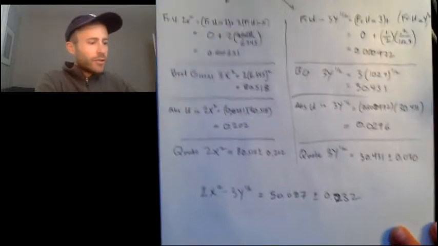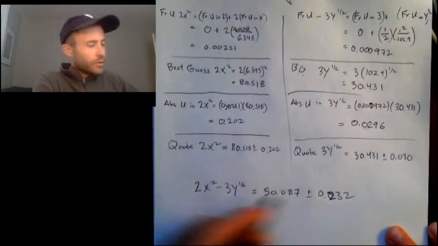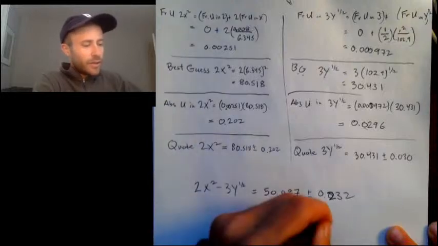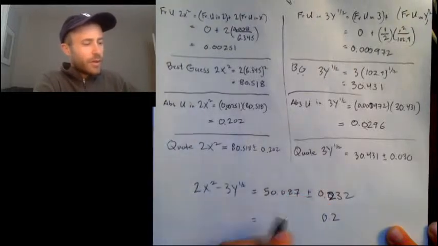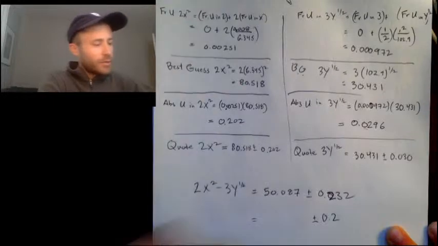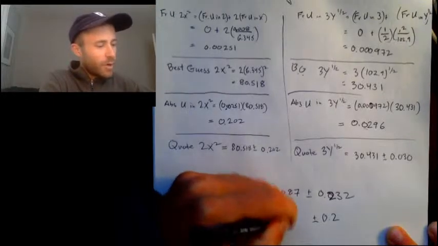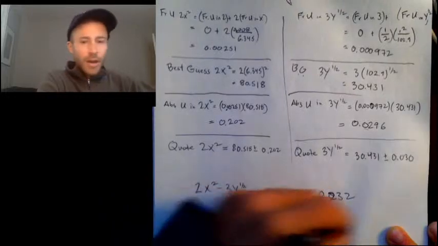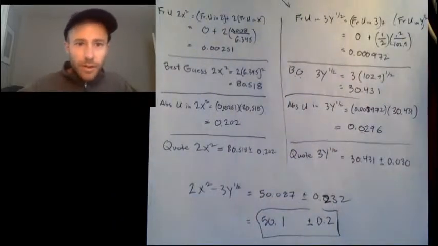All right. So now I round this so that it has one significant digit, which is in the tenths place, 0.2, and then I round this one to that same place, so that's going to be 50.1. So this is my best guess, or that's my quoting of the value. All right, so I will see you.